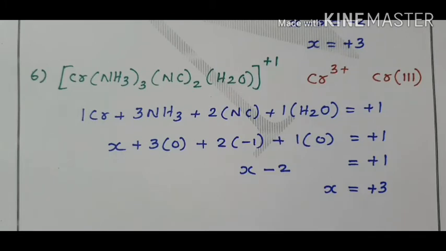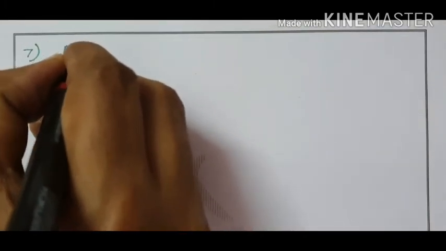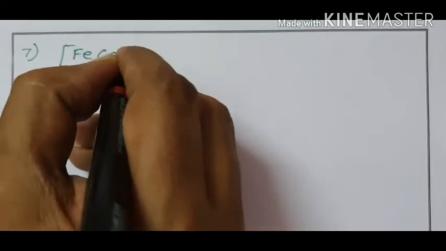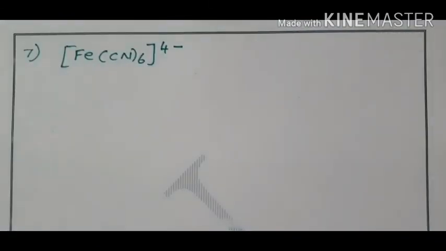Then the next compound is an anionic complex. Compound number 7. It is an anionic complex. Given is [Fe(CN)6]4- ion. The charge on the coordination sphere is directly given as 4 minus.